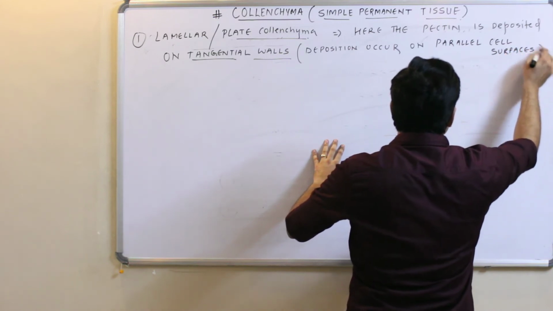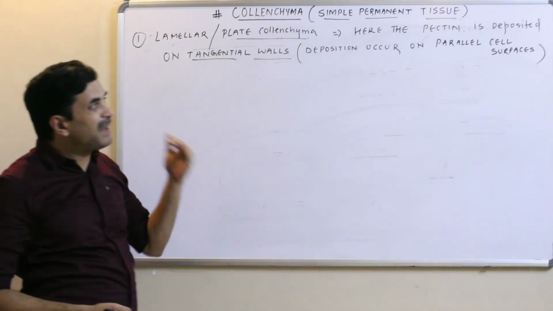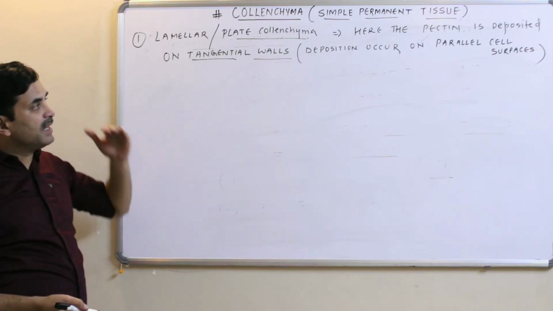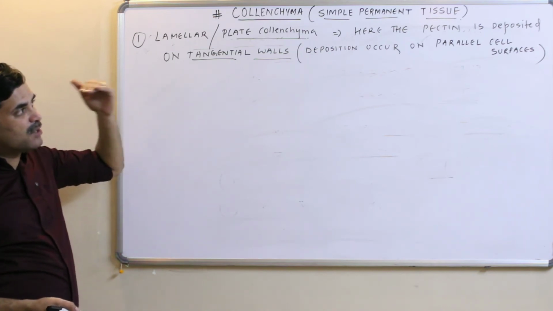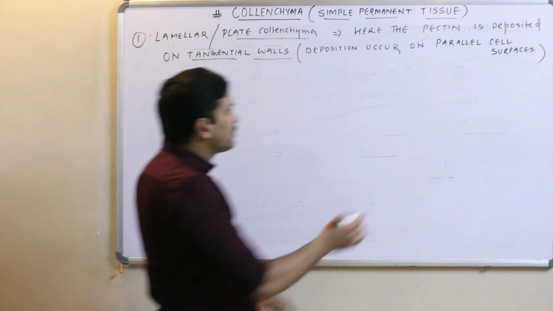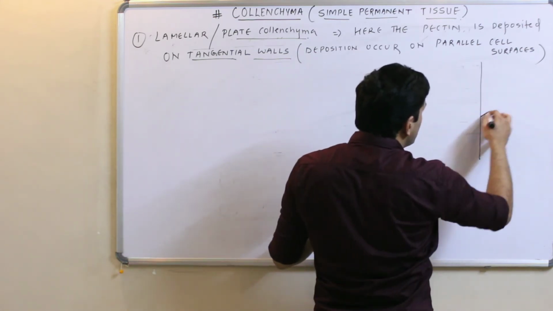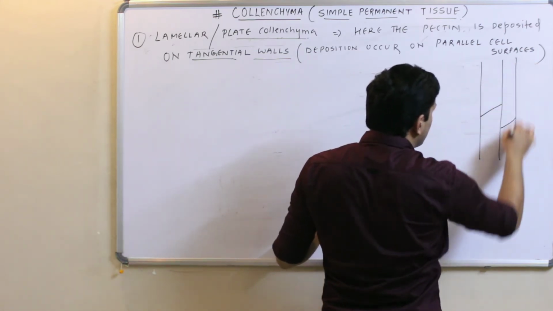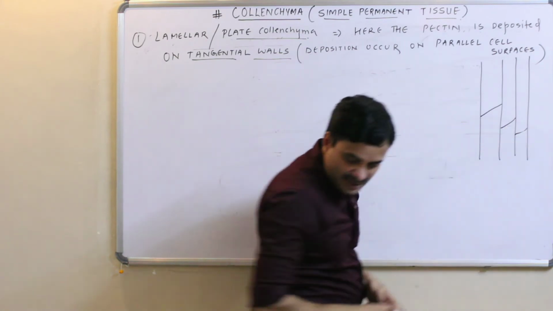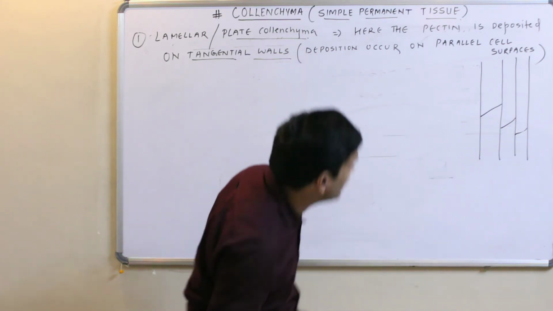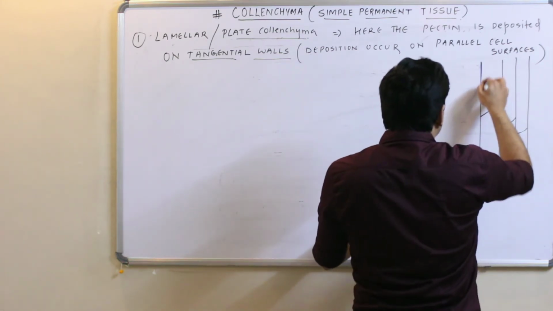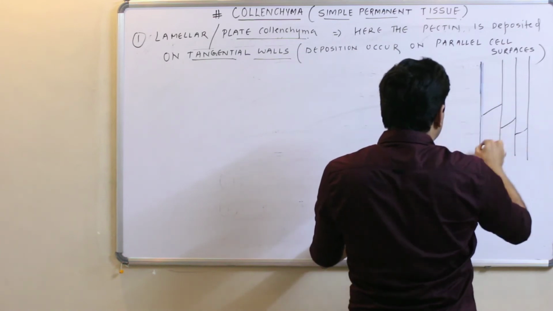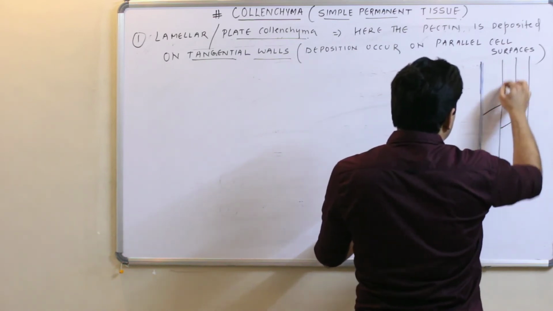Tangential wall means deposition occurs on parallel cell surfaces, right? The deposition always occurs on parallel cell surfaces. For a type like this, the deposition occurs in this way. Like this, you can see the deposition will occur on parallel cell surfaces.